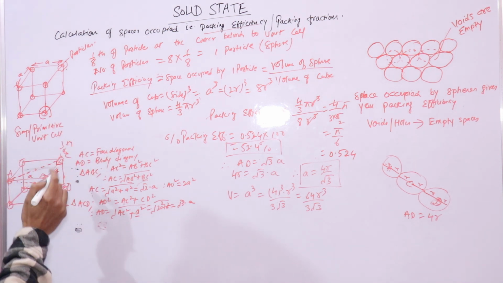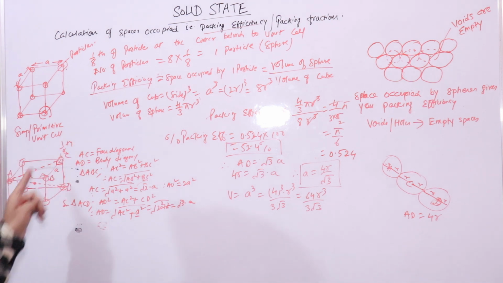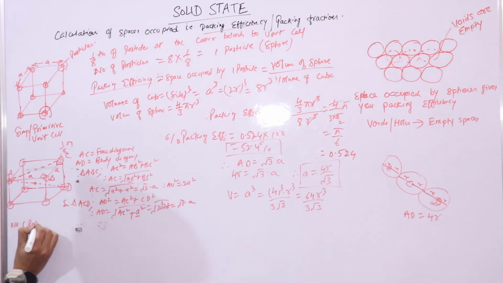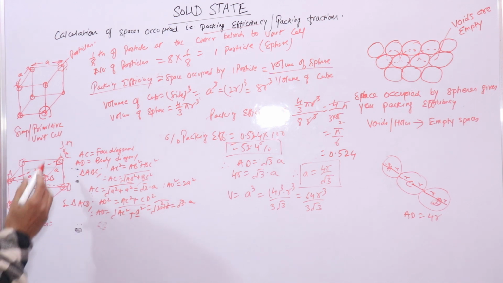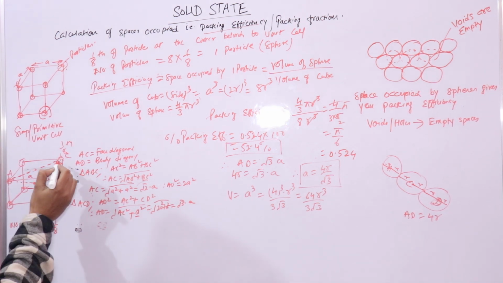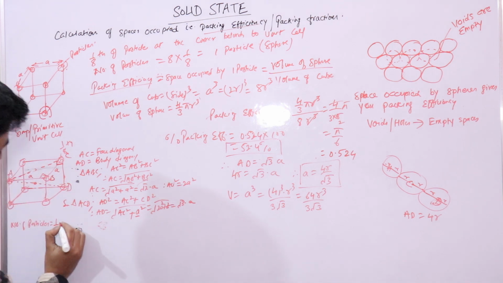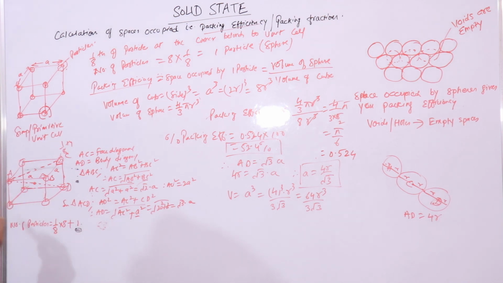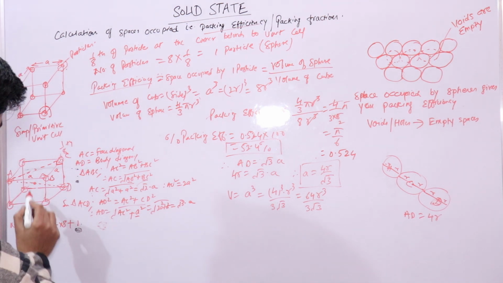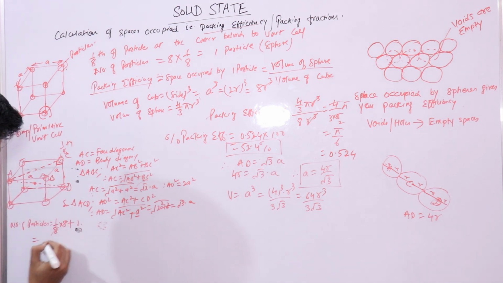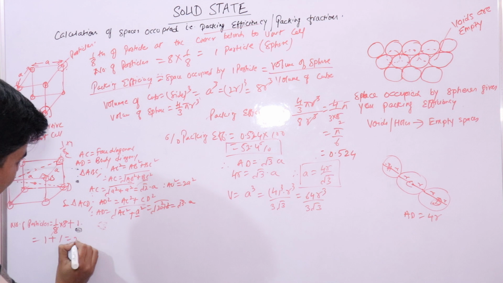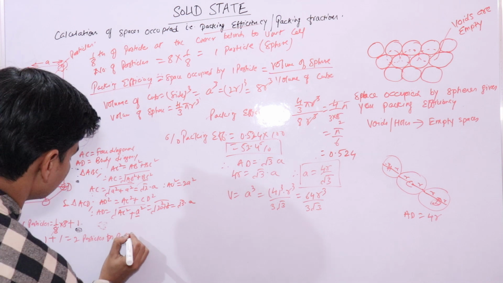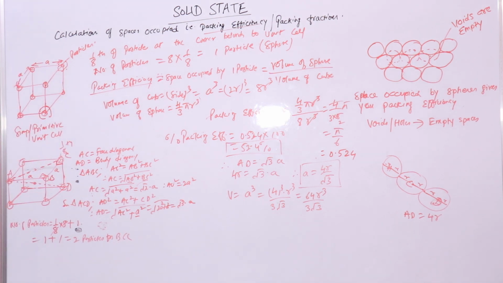So to each unit cell 1/8th of the particle belongs. To find the number of particles, 1/8th of a particle belongs to every corner, and we have 8 corners, plus 1 particle at the center, and this particle is not shared by any other unit cell. So we have 1 plus 1, we have 2 particles for BCC, body centered cubic structure, right.